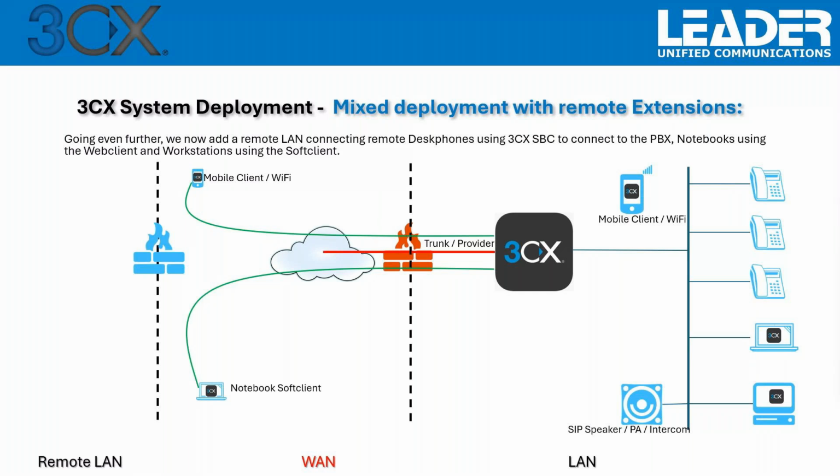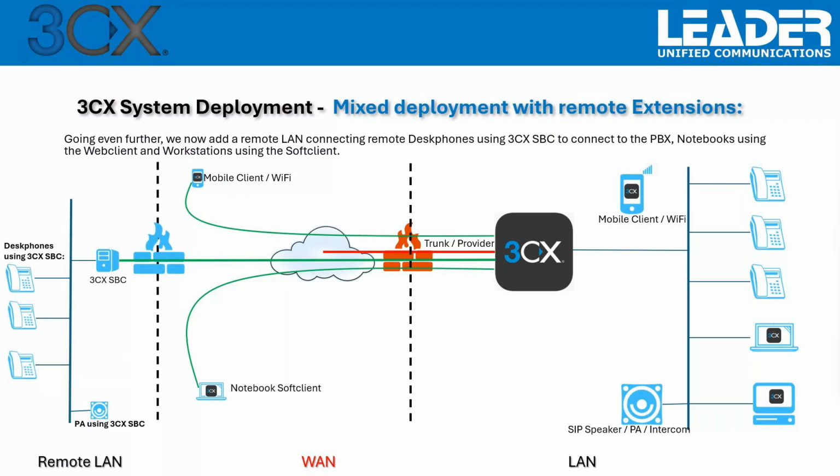We still have the PBX on premise in the Melbourne location, and we now add an office in Sydney. We add there an SBC, a hardware SBC, because we can manage more phones there on the back then, and they connect all through the SBC using the encrypted tunnel to connect directly to the 3CX.